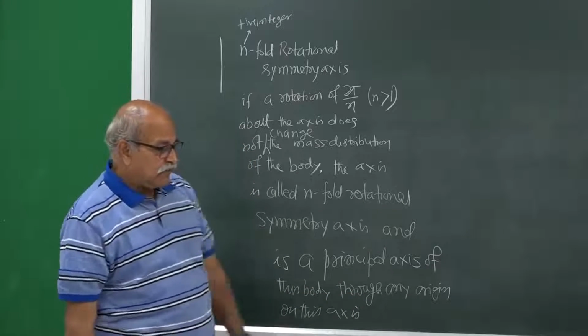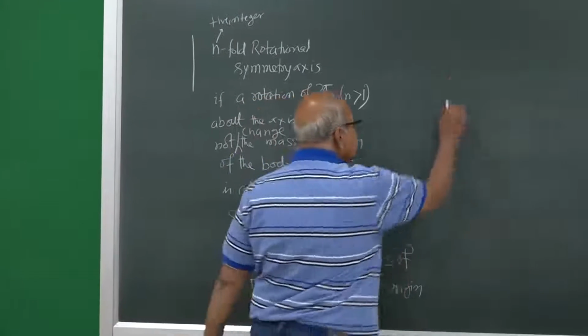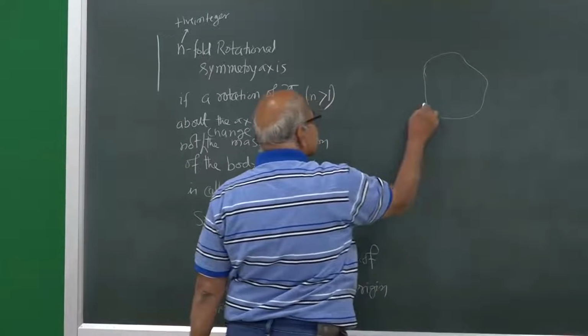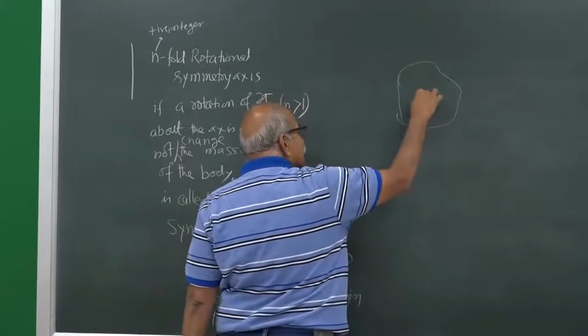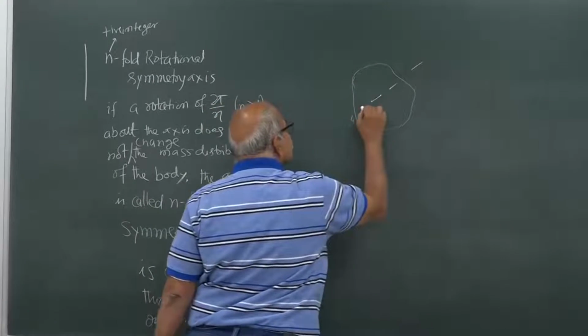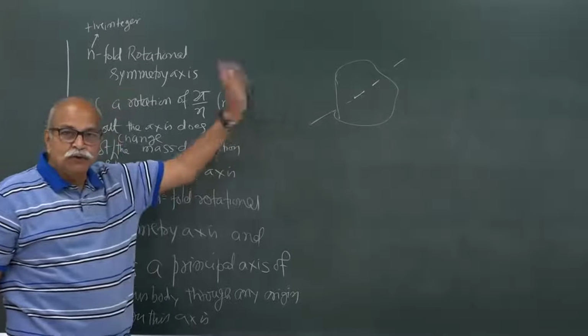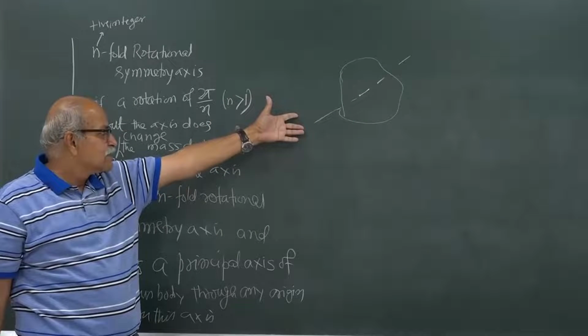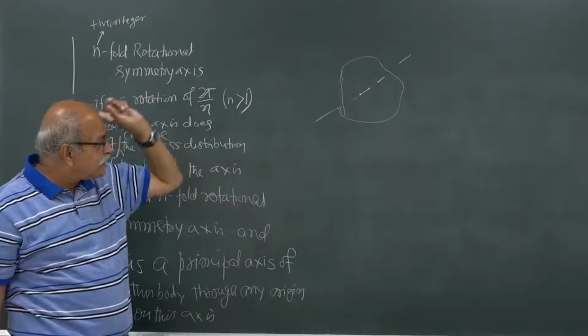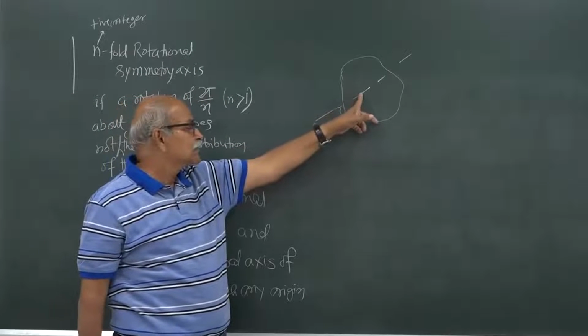Okay. So, if I have an object and there is a point, and I can find a line which is a 2-fold, 3-fold, or 6-fold symmetry axis, this line has to be a principal axis through this origin.